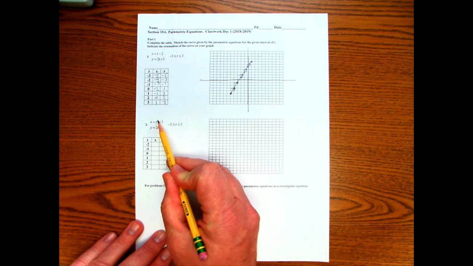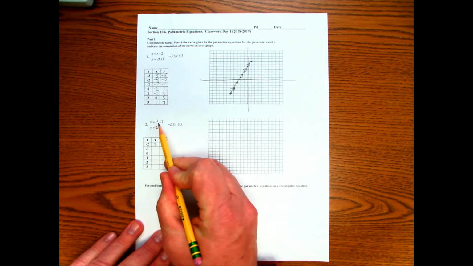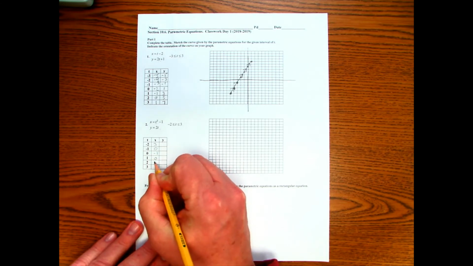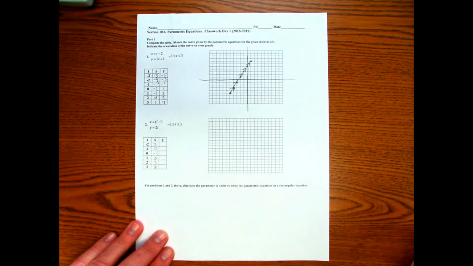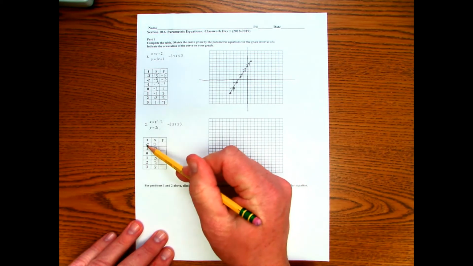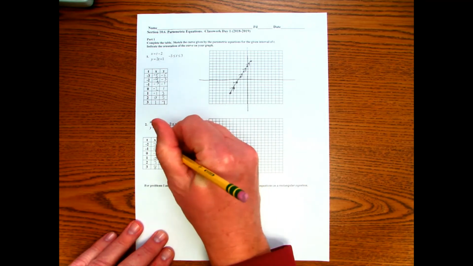That's positive 4 minus 1 is 3. Plug in the negative 1. 1 minus 1 is 0. Go through the rest. In the interest of time, we'll just fill them in. This is an easy one in terms of doing the calculations. Each t value we're just doubling to get the y value.